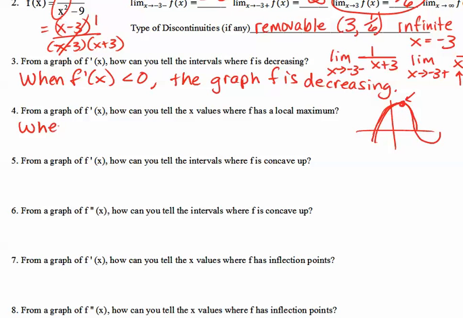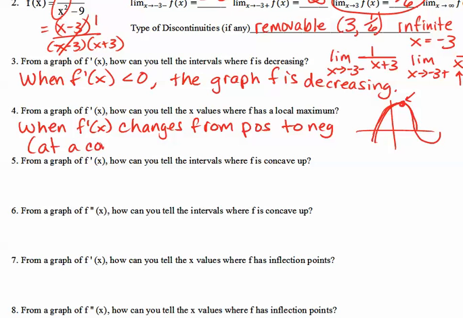So when f prime changes from positive to negative, assuming it's continuous, so we could say at a continuous point, then f has a local maximum.